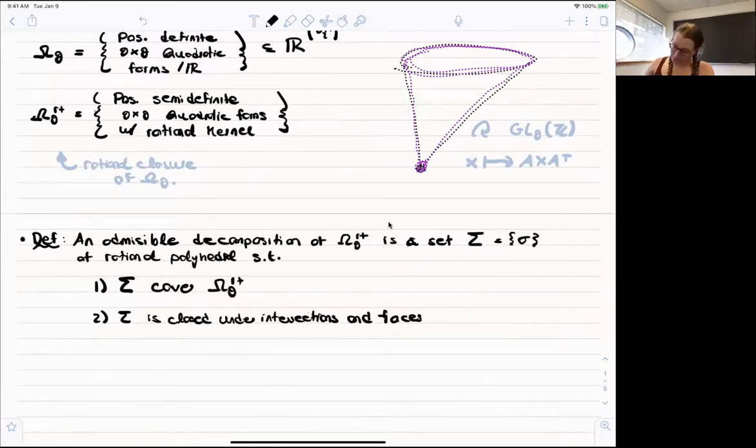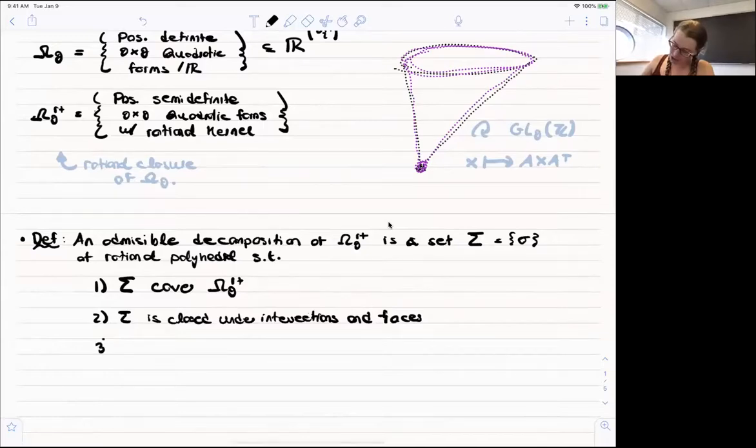And a priori, since omega_g^rt is not a polyhedral cone, there are going to be infinitely many things in capital Sigma. But up to the action, we're going to see that the next two conditions require that these cones behave well with respect to the action of GL_g(Z), and then also there are really only finitely many of them in that sense.